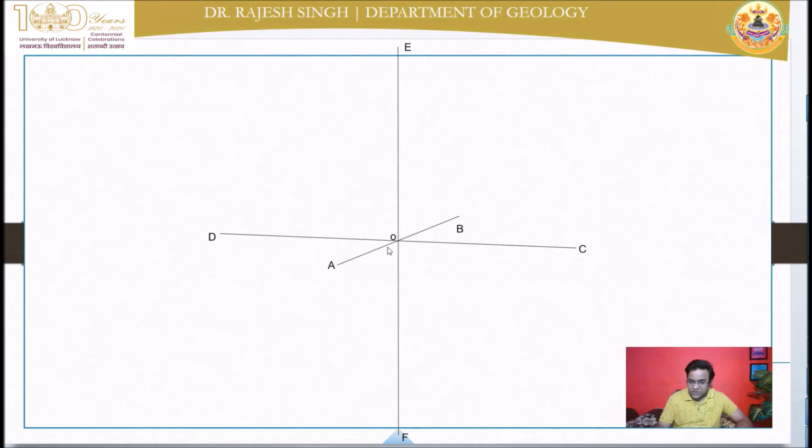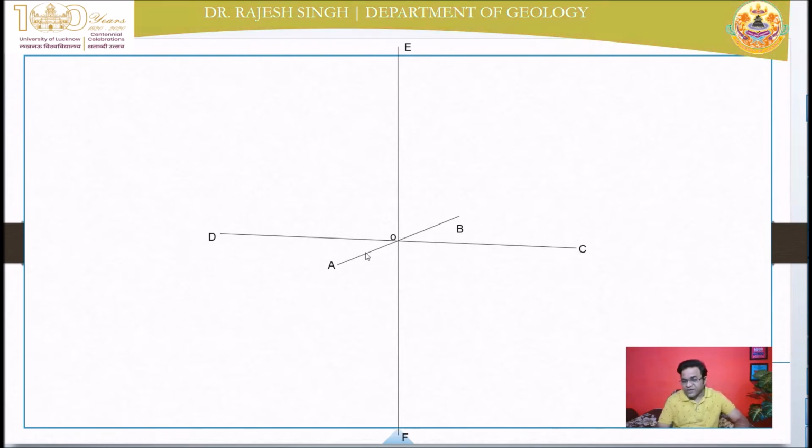That's why I am saying positive part of the axis. So if I say this here, it is also a positive end of the A1 axis. So from this intersection where all three axes are intersecting each other, from this point towards A is the positive side of the A1 axis, and from this side will be the negative part of the A1 axis.